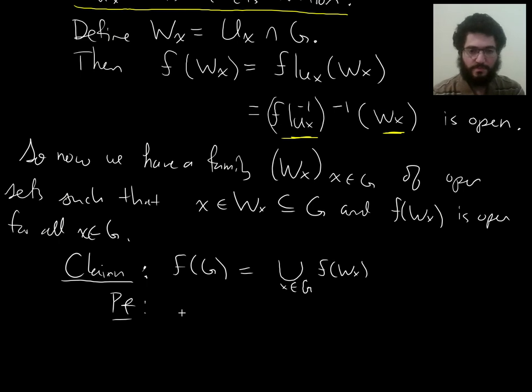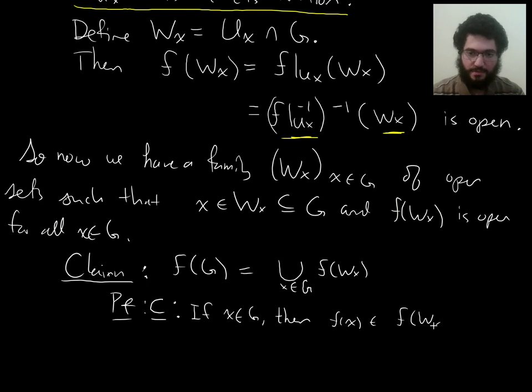So let's just get both inclusions quickly. For this inclusion, if x is in G, then is f of x in this union? Then f of x is in the image of W sub x, because x is in W sub x. So then f of x is in this union.